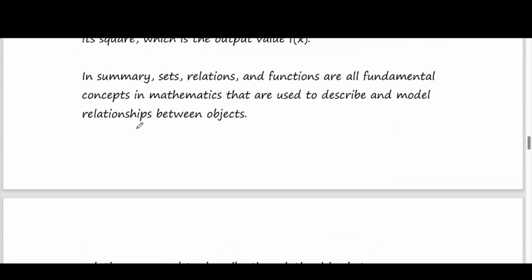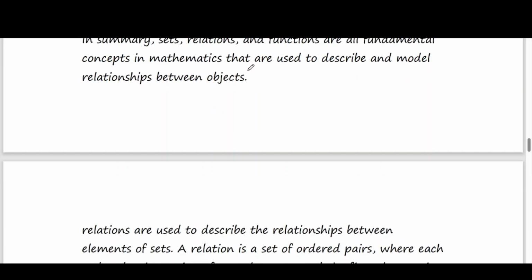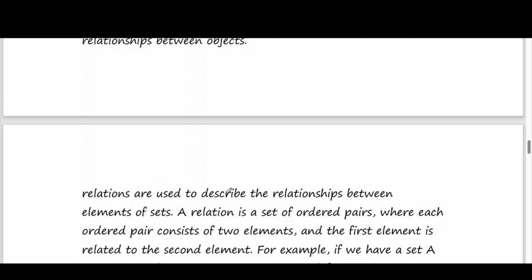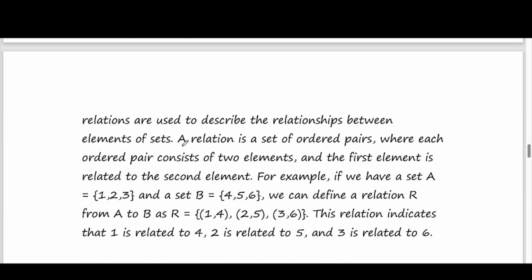Relations are used to describe the relationship between elements of sets. A relation is a set of ordered pairs where each ordered pair consists of two elements, and the first element is related to the second element.